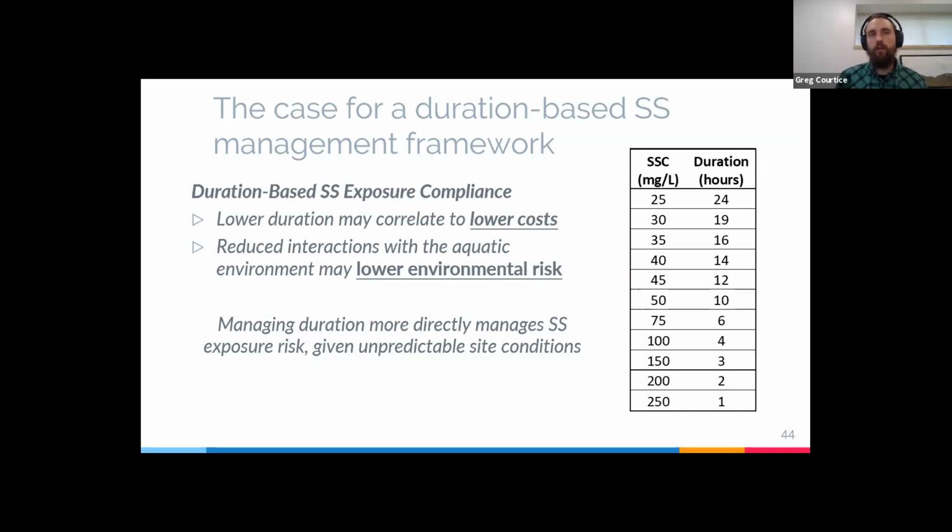So this is one unique area where the economic and environmental considerations and outcomes may go hand in hand. And managing duration is a lot more directly tied to environmental risk or exposure risk than trying to manage concentration, because managing concentration has a cost of increasing duration.